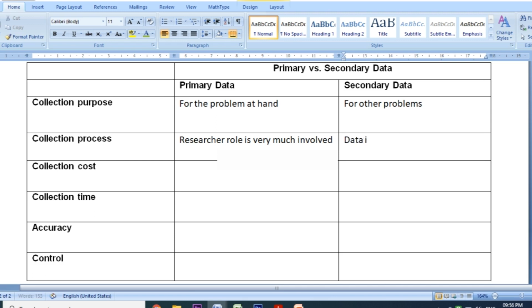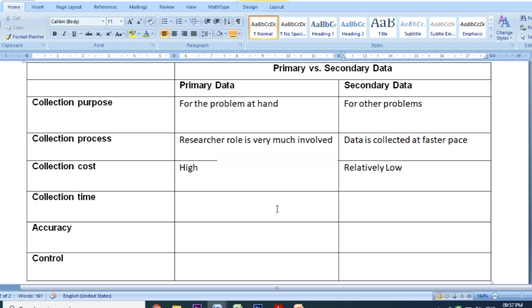While in secondary data, the data is collected at a relatively faster pace than the primary. As far as the collection cost is considered, it is high for primary data, whereas it is relatively low for secondary data.